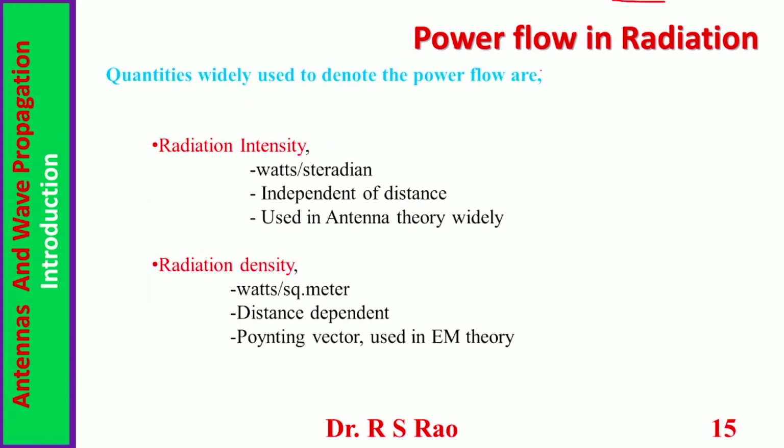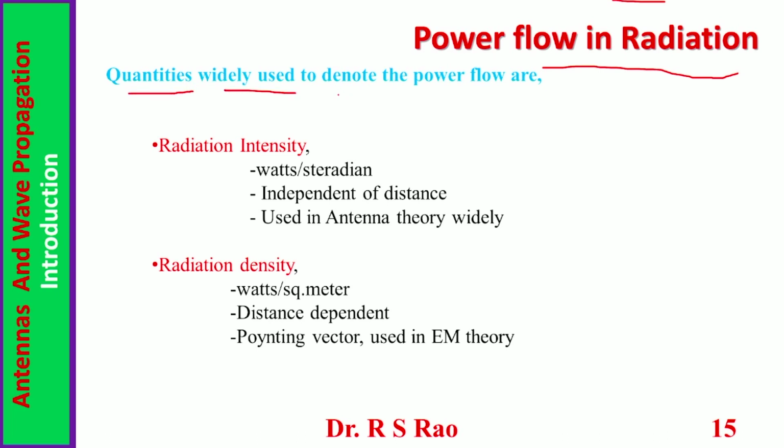Now, power flow in radiation. As already mentioned, radiation refers to a traveling electromagnetic wave. A traveling wave is always associated with power flow, so radiation is associated with a certain amount of power flow. Here we consider certain aspects regarding power flow.